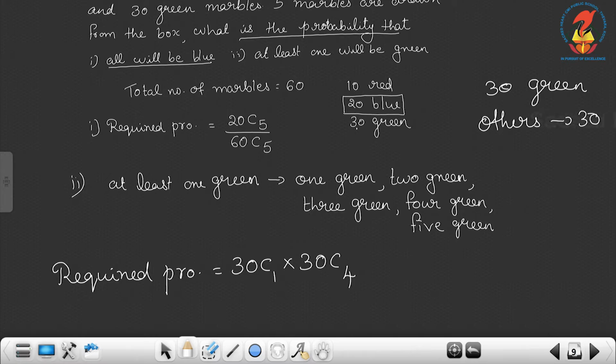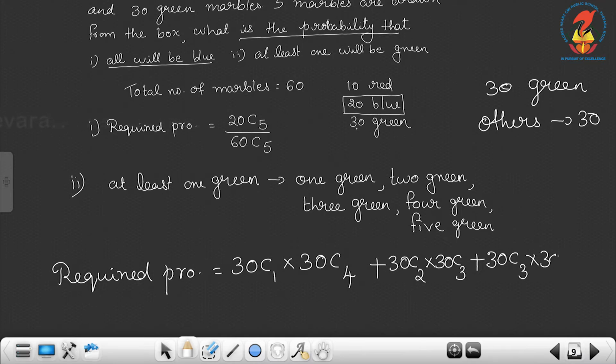The denominator is always 60C5. Or the next case, what is the next case? 2 green. So, take 2 green from 30, 30C2. Then at the same time we need 3 more from the other 30, that is 30C3. Then or which is the next case? From green taking 3.